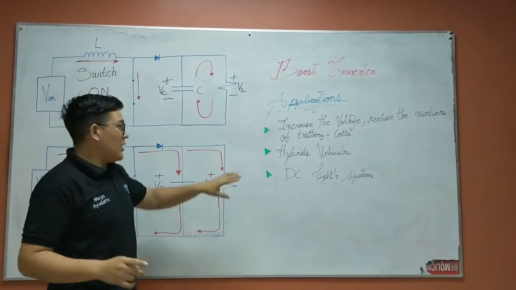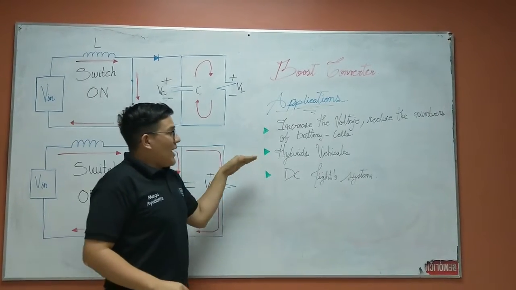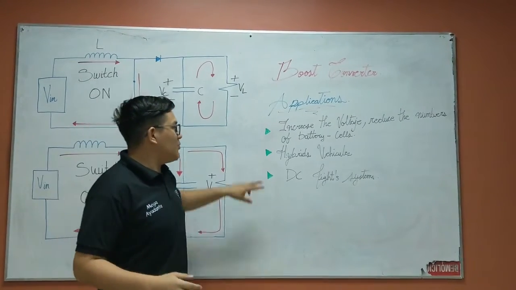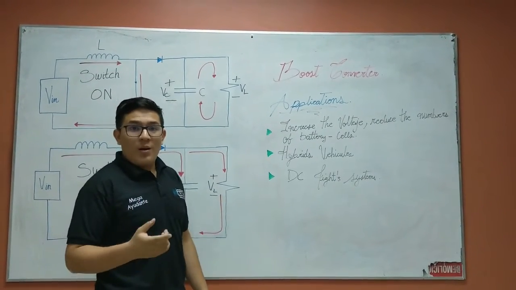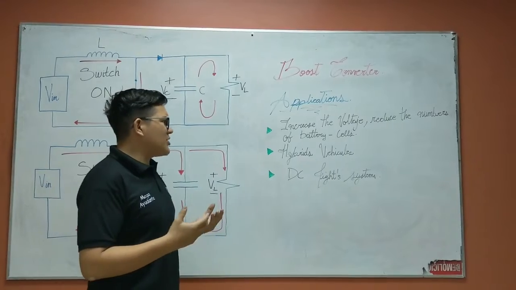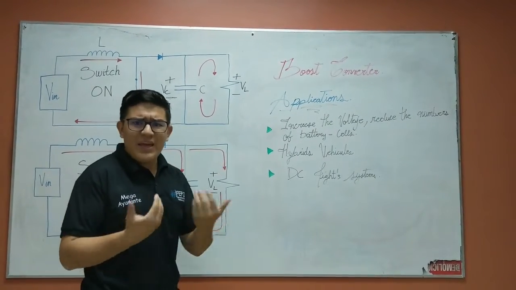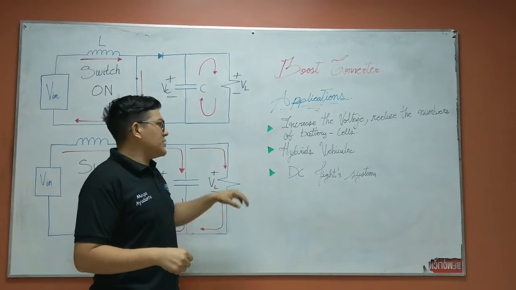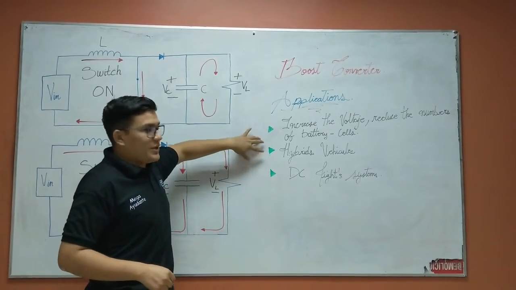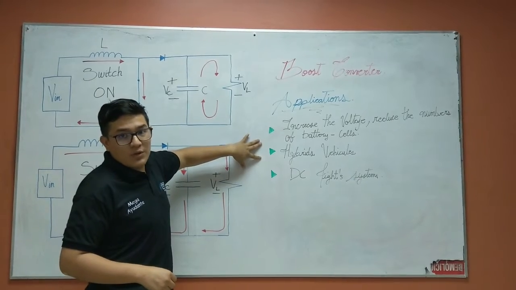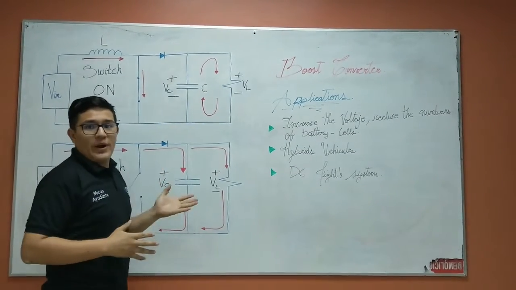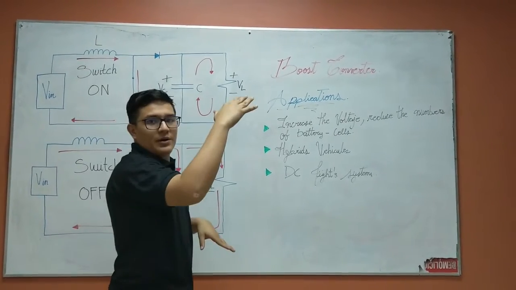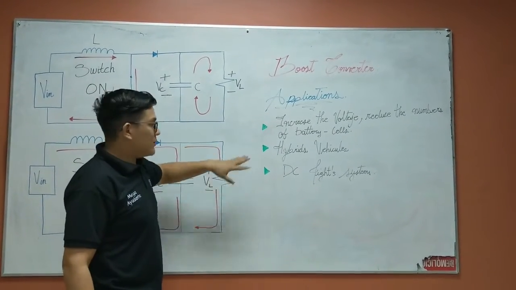Right now, we have the hybrid vehicles. Some vehicles need about 500 volts to work, but we don't have a battery that gives 500 volts. So we work with batteries that give 250 volts on the output. And with the boost converter, we make this voltage higher, up to 500 volts.